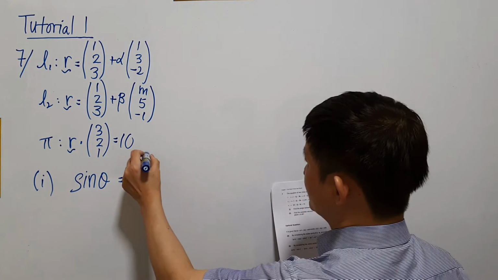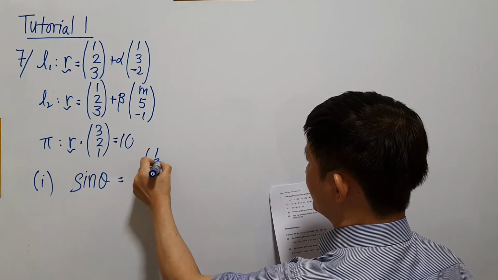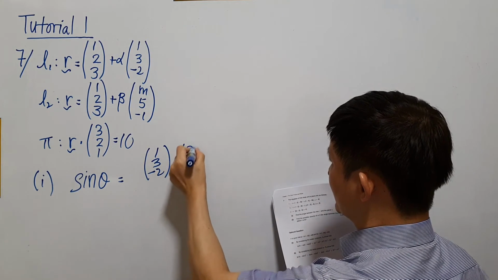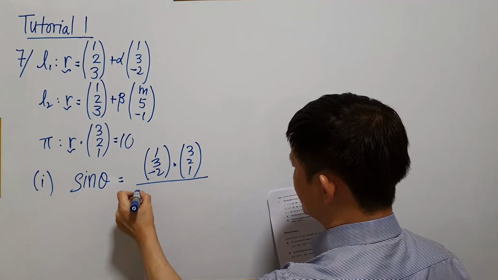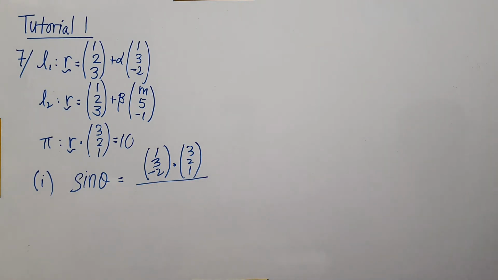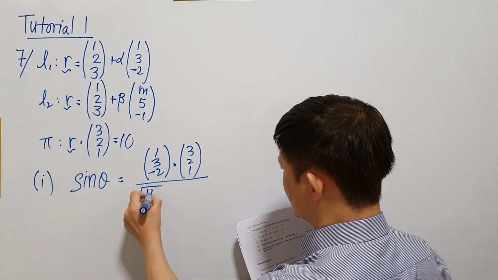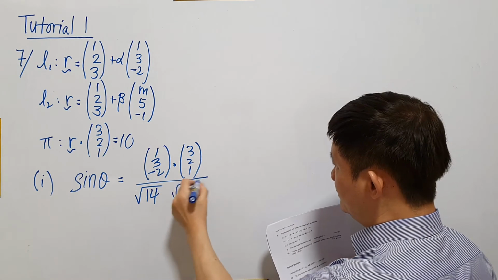So this gives you (1, 3, -2) dot with (3, 2, 1), divided by the magnitude of (1, 3, -2), which is square root 14, and the magnitude of this.